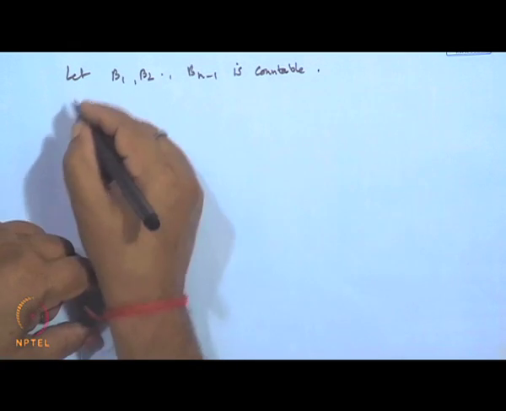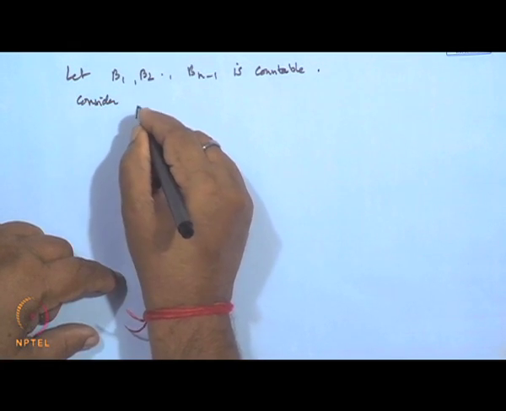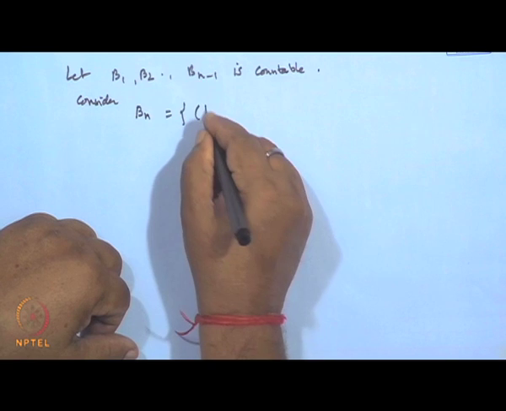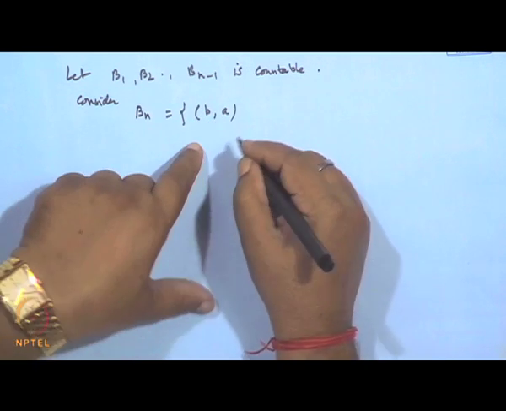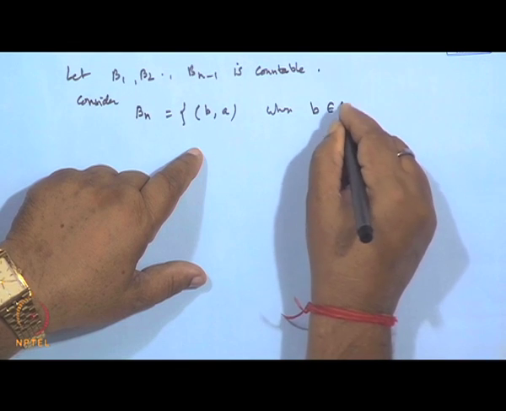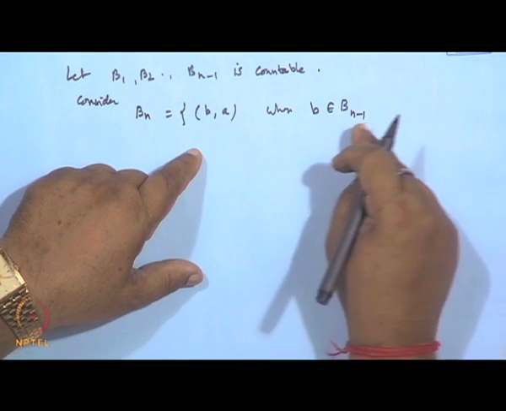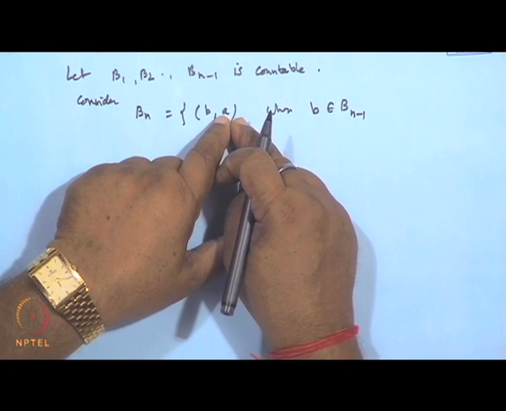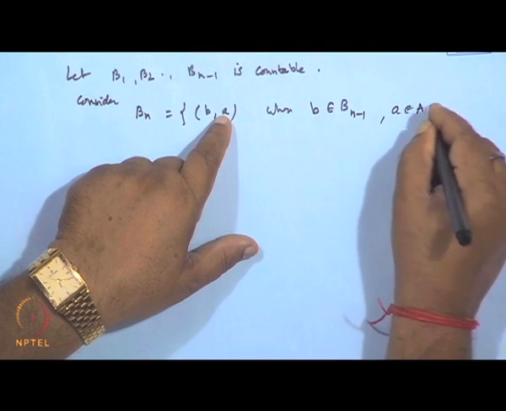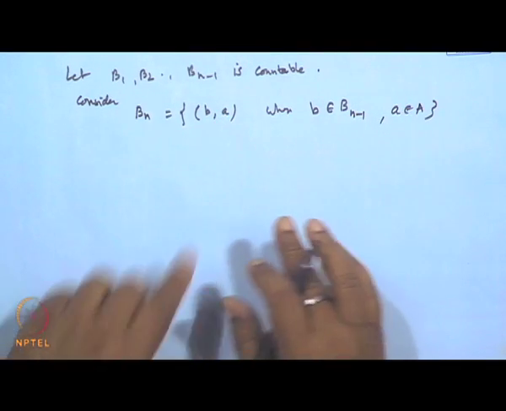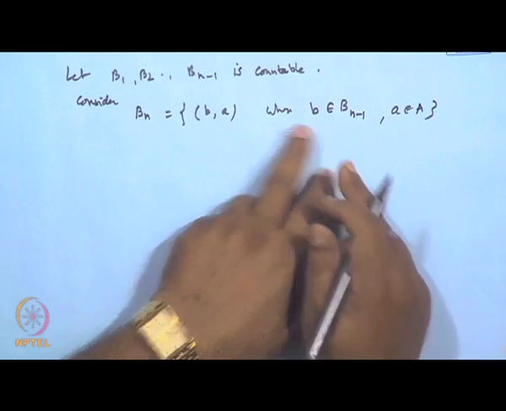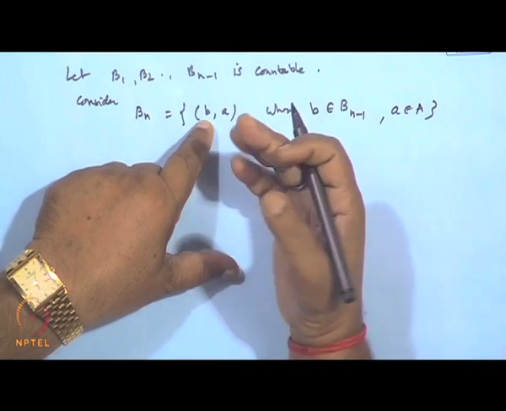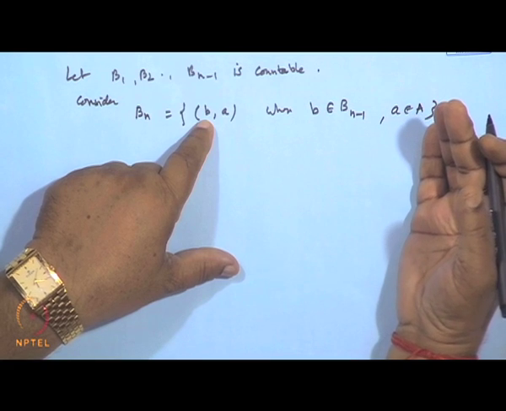So, consider B n. We can put B n in the form of an ordered pair (B, A), where B belongs to B n minus 1, an (n minus 1) tuple B1, B2, ..., B n minus 1, and then the nth term is A, where A belongs to A. Okay. Clear? Now, if I fix B, it means each element of A we are combining with B, that is all. So, basically you are getting A itself, is it not?